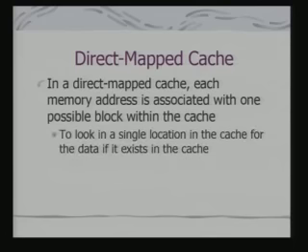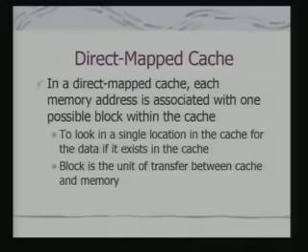Therefore, to look for a data or an instruction, the cache controller needs to look at a single location to find out whether that data or instruction exists in the cache or not. And in fact, the whole transfer takes place in terms of blocks. So, you search for a block at a fixed location in the cache.